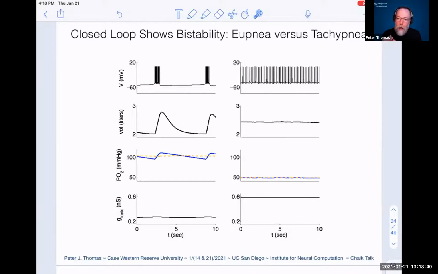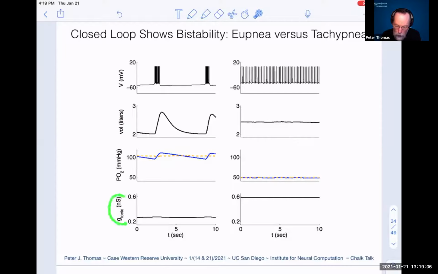If you get into the beating pattern, it's very inefficient at driving gas exchange. The lung volume just fluctuates a very tiny amount, so you don't get fresh air into the lungs, you suck all the oxygen out, and here you're down at 50 millimeters of mercury, instead of normally fluctuating around 100.